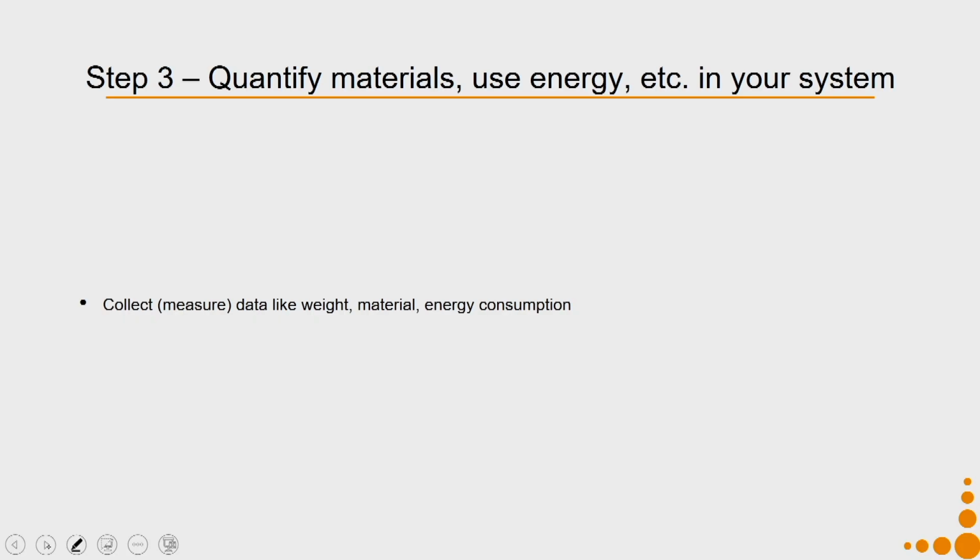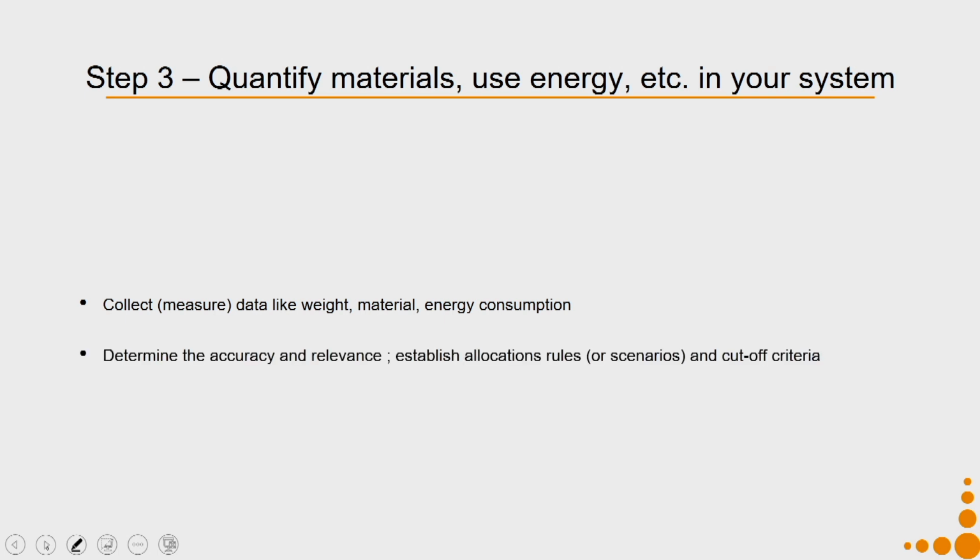And accordingly I will select the unit and then I will quantify the material. So, you will collect or measure data like weight, materials, energy consumption. Then you will determine the accuracy and relevance, establish allocation rules and cutoff criteria.